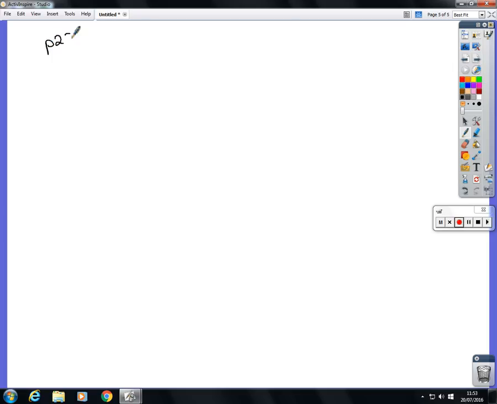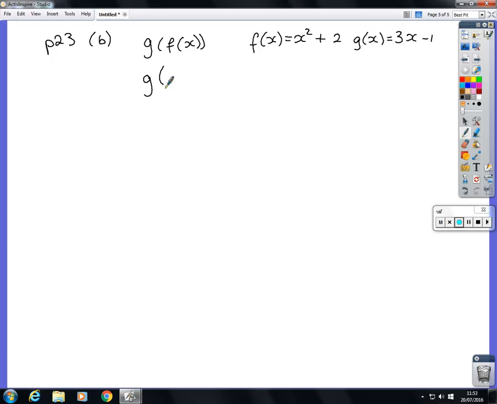Page 23, B, g of f of x, where f of x is x squared plus 2, and g of x is 3x subtract 1. We copy the function g of x, which is 3x subtract 1, then rewrite this with a bracket and space to insert f.